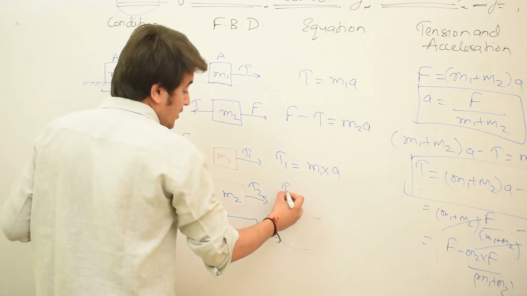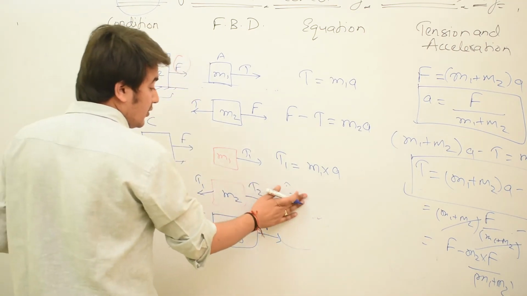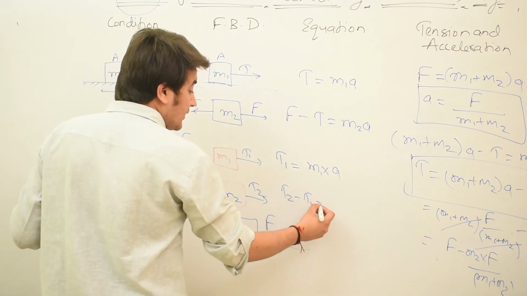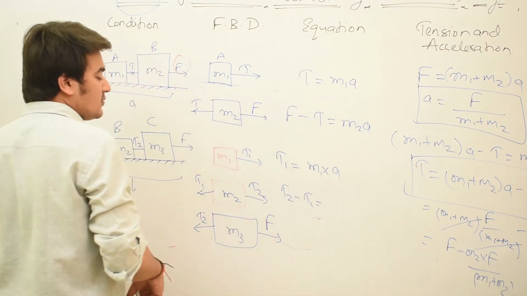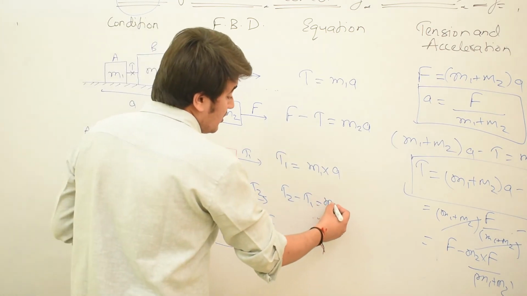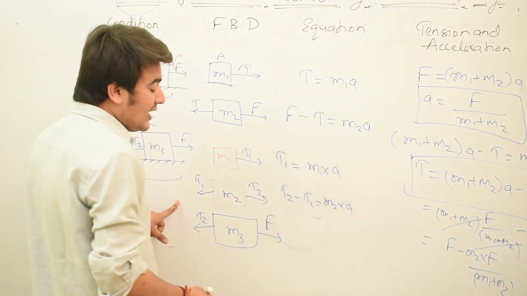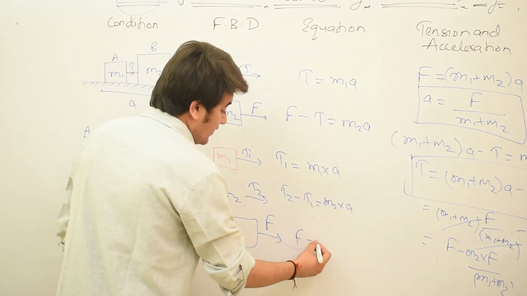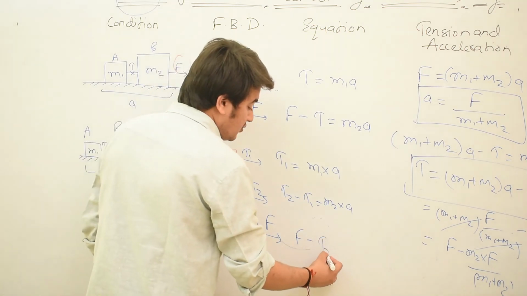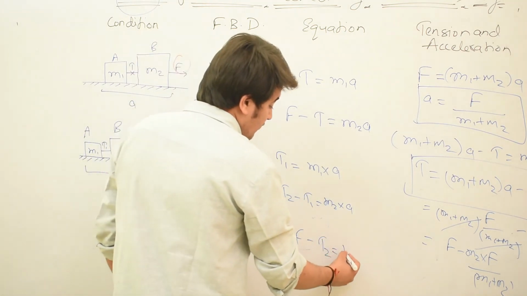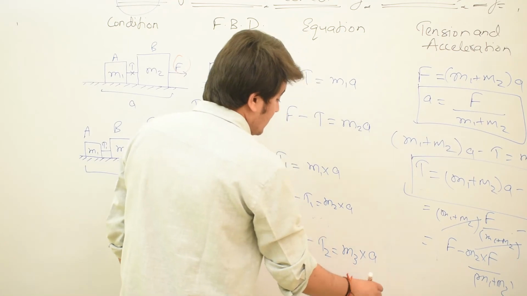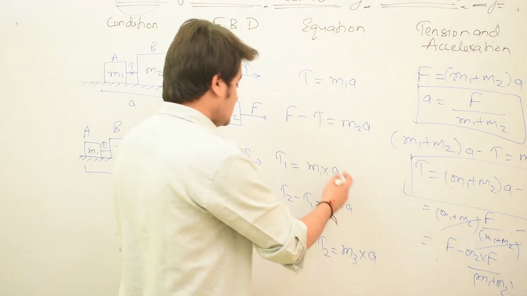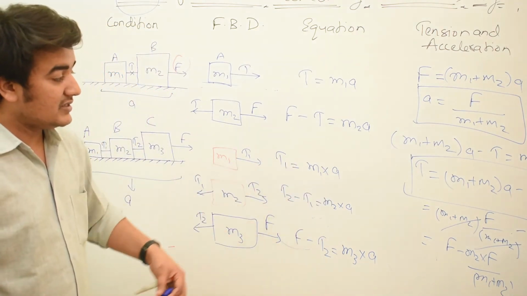Now T2 force: T2 minus T1, that means this unbalanced force, is responsible for generating acceleration a on the body of mass m2. Moving forward, F minus T2 will be responsible for generating acceleration a on the body of mass m3. So these are the three equations for these three bodies.